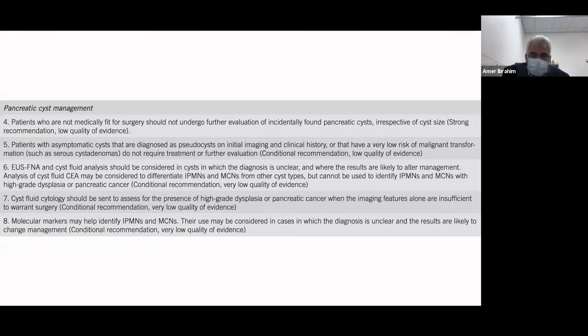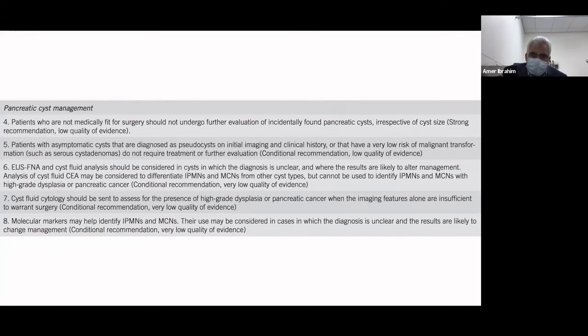So if most likely this is an IPMN, not other lesions, then we have to decide: is it main duct? Does it have high risk criteria or not? If it doesn't have high risk criteria, we're going to follow up the cyst. We are not going to resect the cyst.